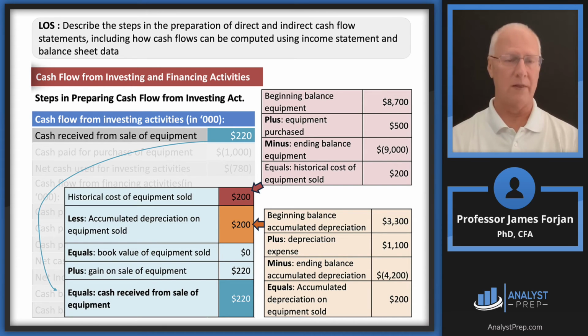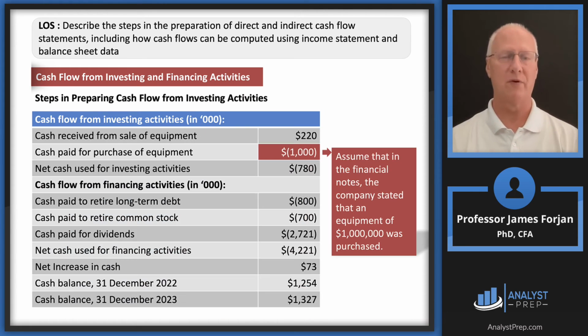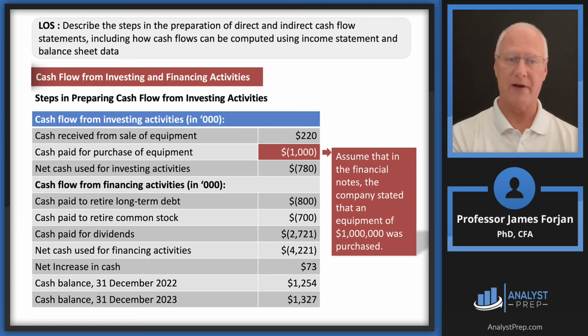Then we need to figure out the accumulated depreciation on that. And so you can see the bottom right there. That's just a simple calculation. So if you subtract 200 from 200, you get 0, and then the gain on sale of equipment, there's the 220. Okay, so cash received from that sale of equipment. Now, for this cash paid for the purchase of the equipment, we don't get that from the financial statement.